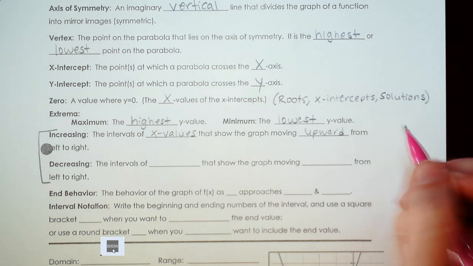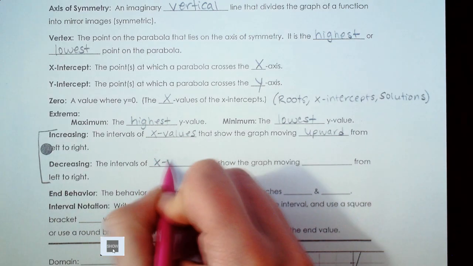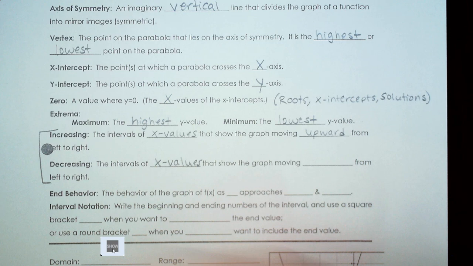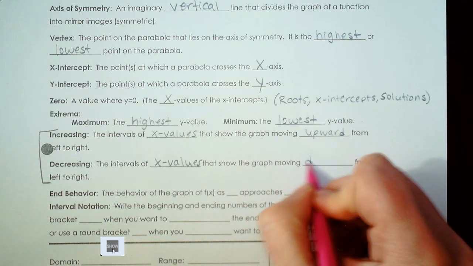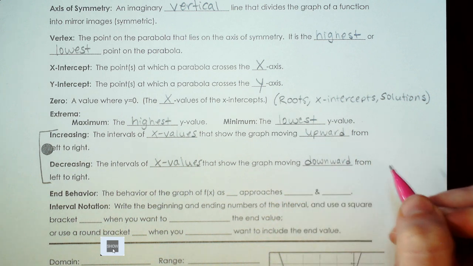And then decreasing would be your interval also of x values, because anytime you talk about intervals, it's from left to right that show the graph moving downward from left to right. Always go left to right when you're looking for intervals.